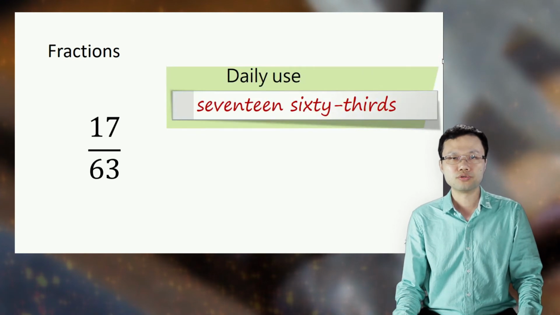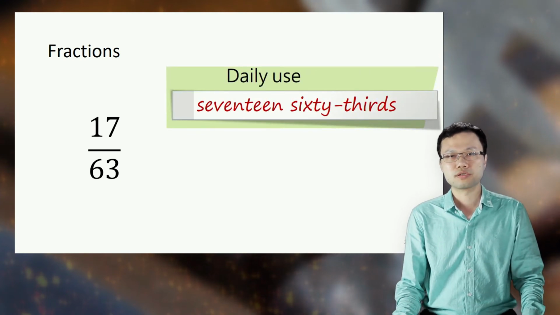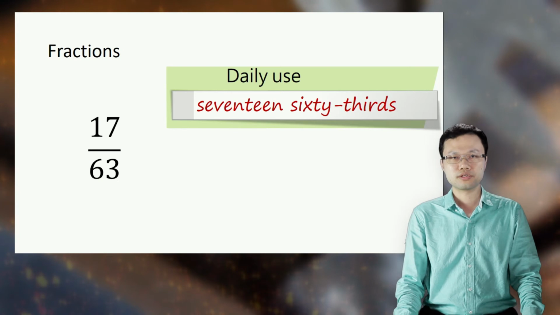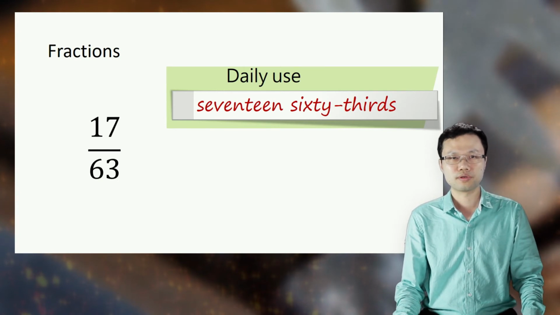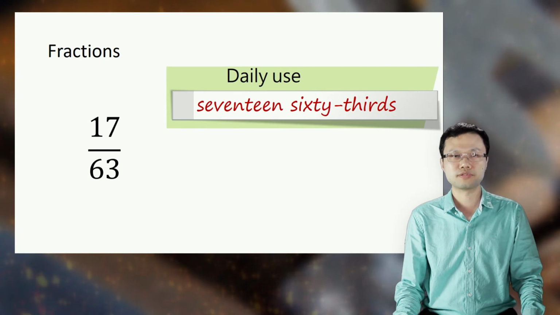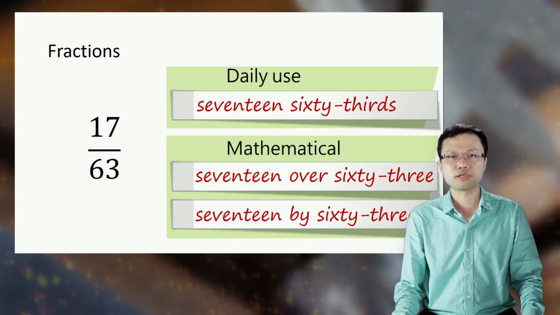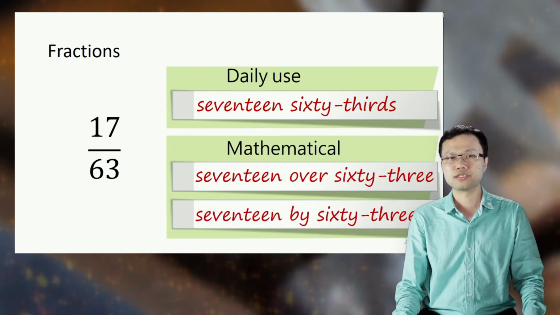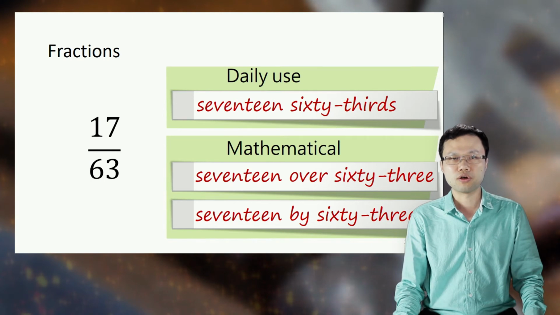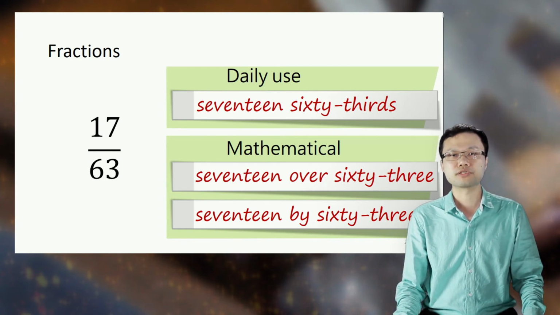For daily use, we can just call it seventeen sixty-thirds. Repeat after me, seventeen sixty-thirds. Okay, good. But if you want to express the mathematical meaning of it, you can say seventeen over sixty-three or seventeen divided by sixty-three.